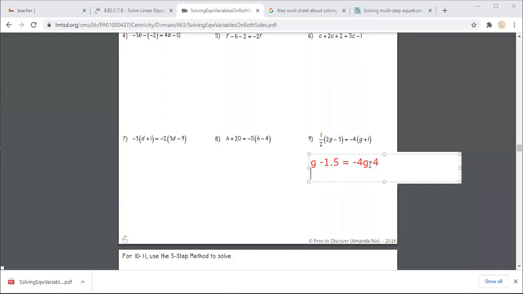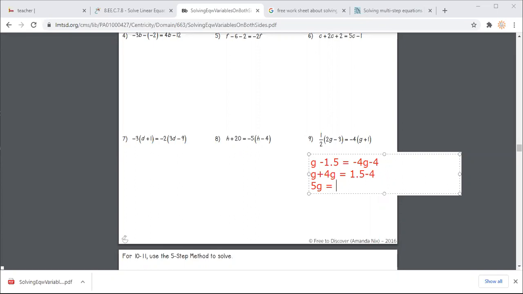Now we are going to combine the like terms together. So it will be g plus 4g equal negative 1.5, it will be 1.5 minus 4. Am I correct? Did I make a mistake? 5g equal negative 1.5 minus 4.